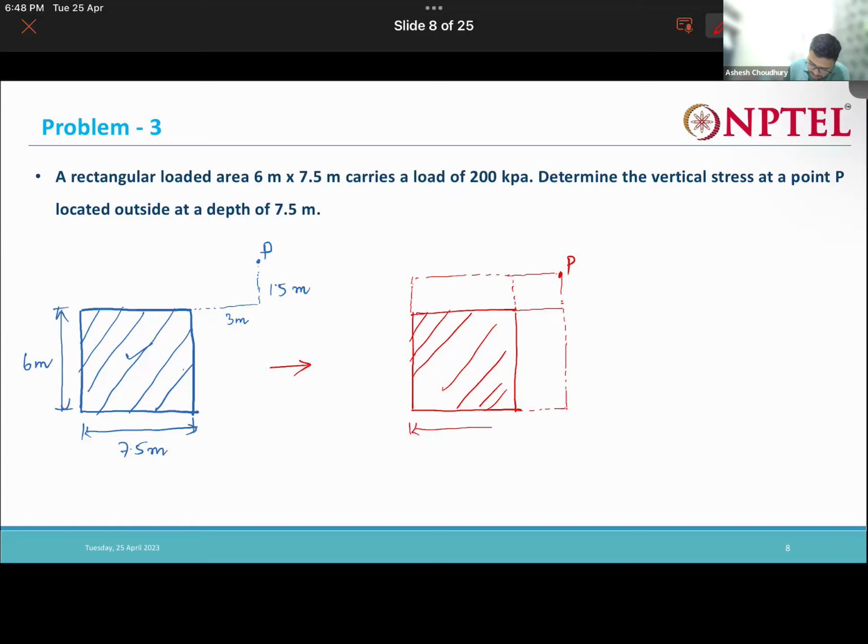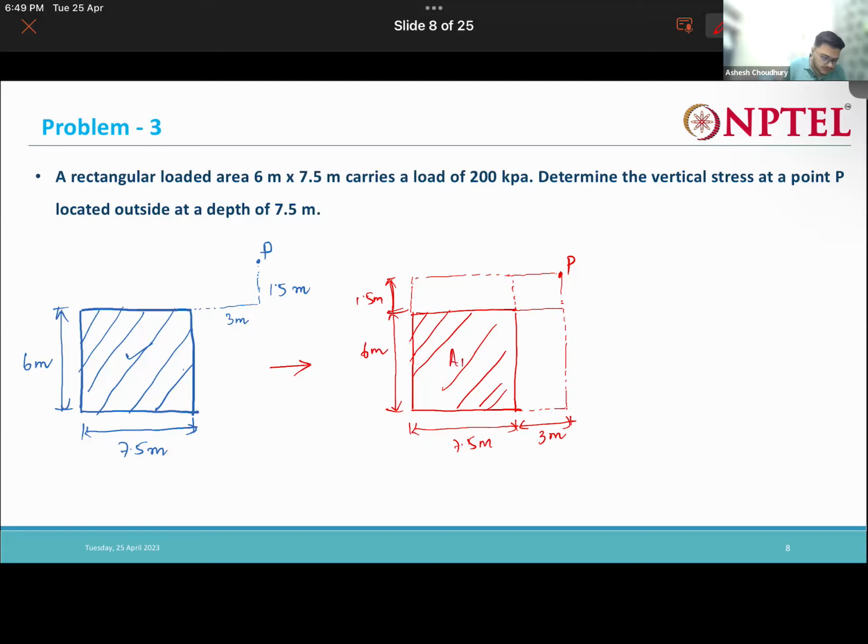So this much it's 7.5 meter. This much will be 3 meter. Okay, this much is 1.5 meter. This much is 6 meters. Okay, let us name these areas.